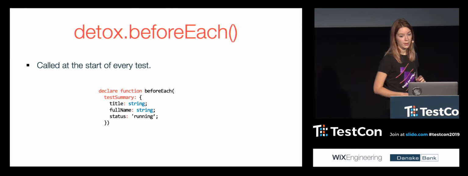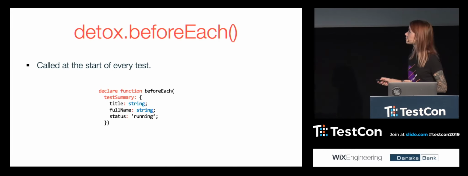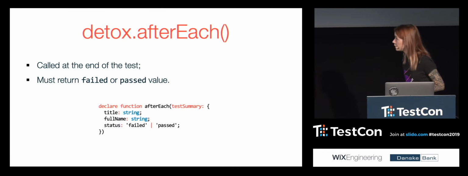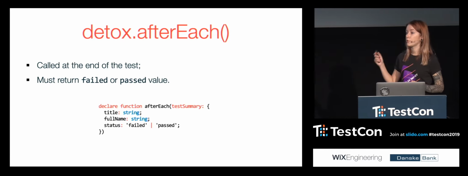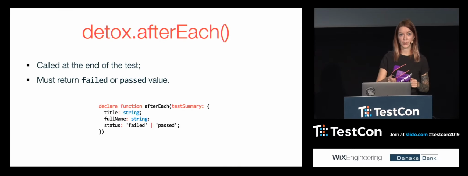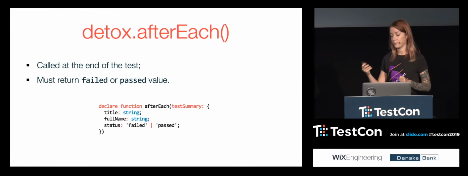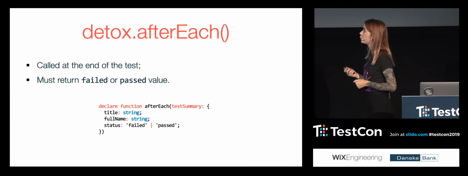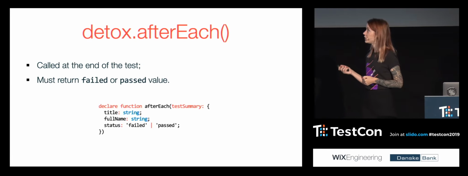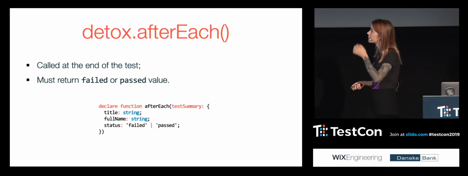And then in afterEach, you must return a failed or passed value for every test; for tests that were marked as pending because you wanted to skip them, no value would be returned at all. Only for one test do you set a failed or passed value.